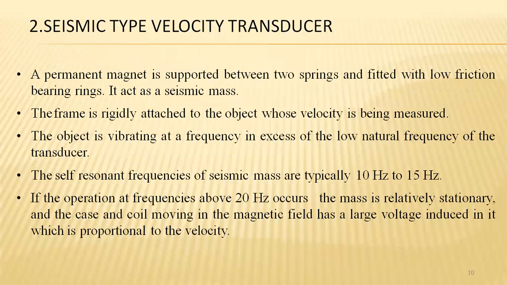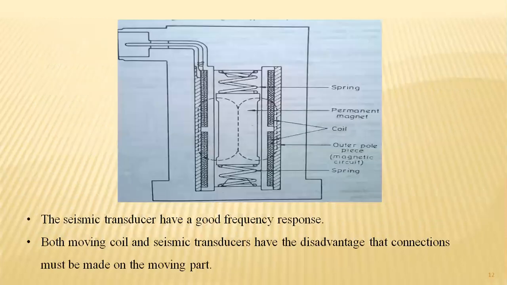Secondly, the seismic type of velocity transducer, where a permanent magnet is supported between two springs and is fitted on low friction bearings, as shown in the figure.